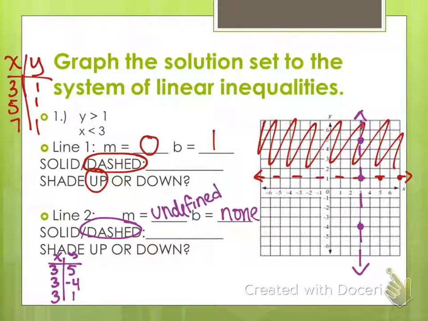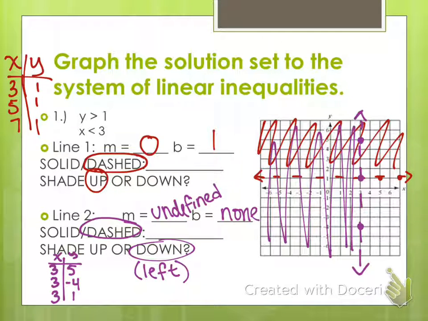So normally that would mean down, but we know really on this one that means we're going to go left because that's where the lower numbers are. So we ignore our first line when we do this shading. Act like that purple line's the only one there and shade just for that purple line. We would shade everything to the left.